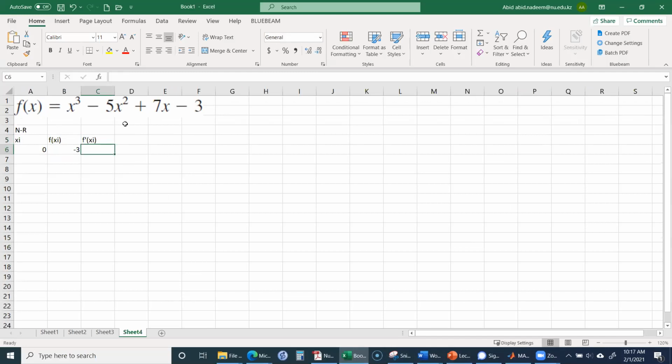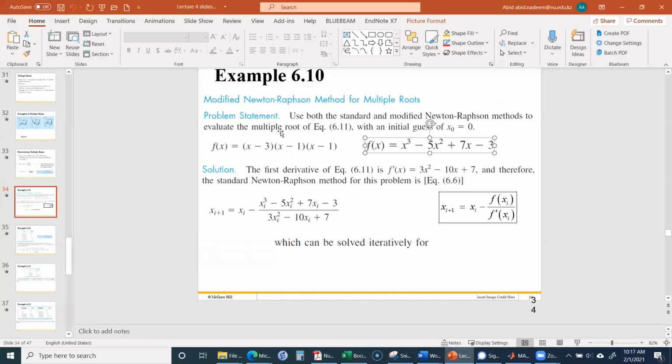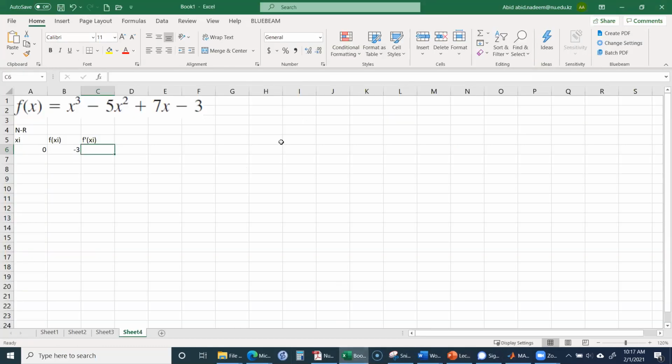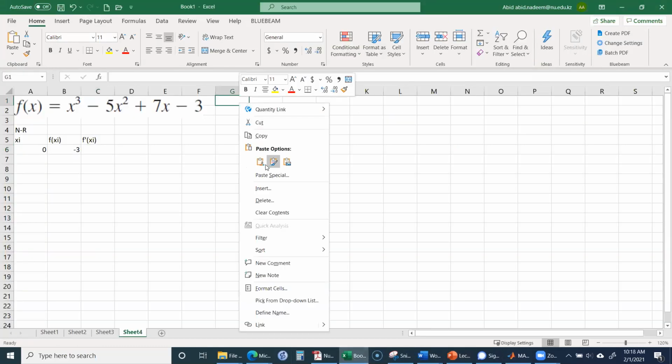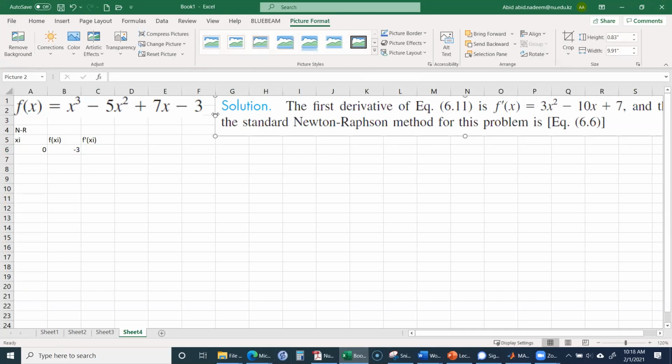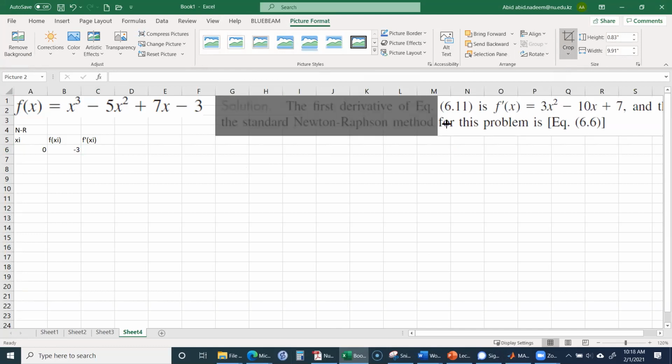It will be the derivative of this function, so I can copy from here: 3x square minus 10x plus 7.